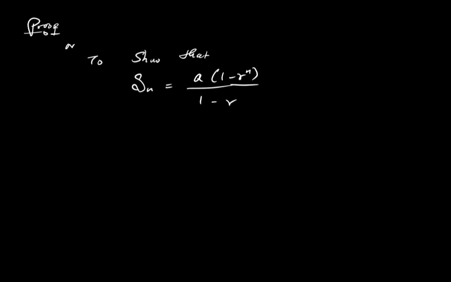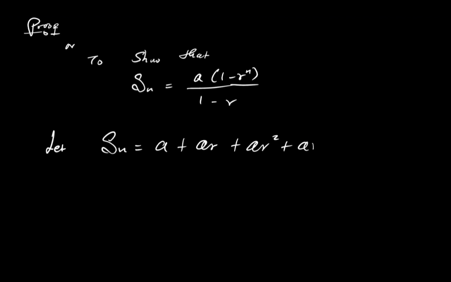The first thing we're supposed to do is to let S sub n be equal to what the sum would be. I would say a plus ar plus you multiply by r, which would be ar squared, then plus ar to the power 3. Let's write this cleanly.